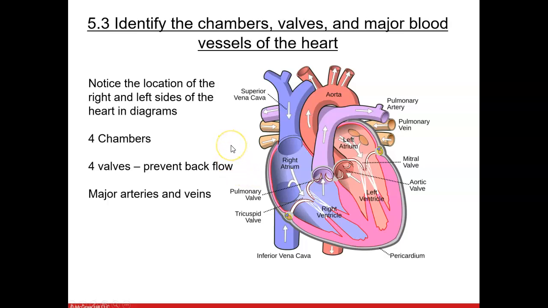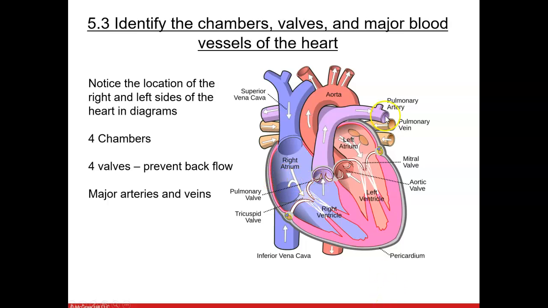So the first thing is, this is a frontal section of the heart. We cut the front from the back, so we're looking inside the heart. First of all, notice the locations of the right and left sides of the heart. I think we talked about this when we talked about anatomical position, that when you're looking at a body or an organ, it is the organ or the body's left or right.